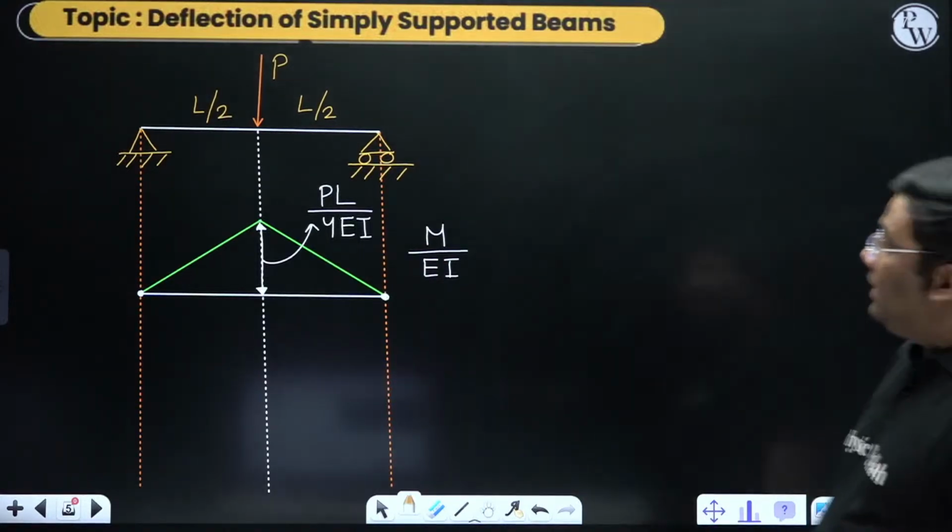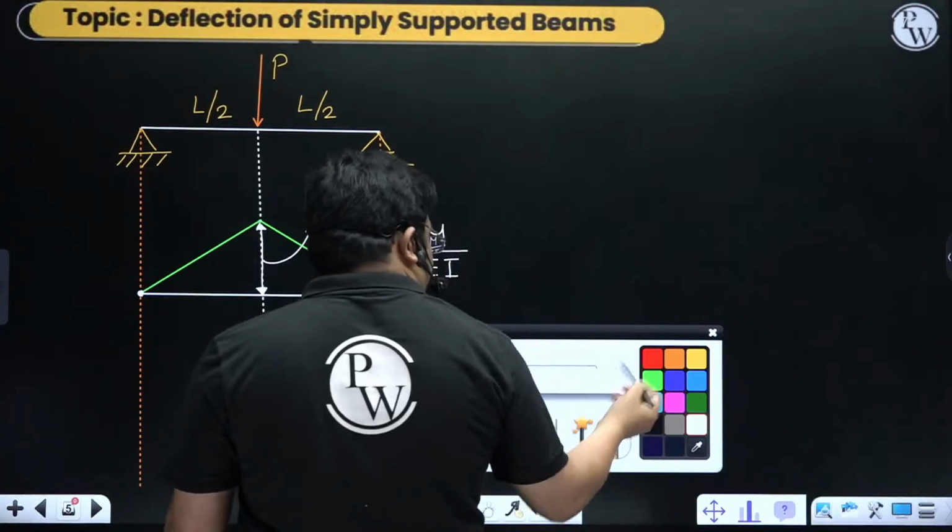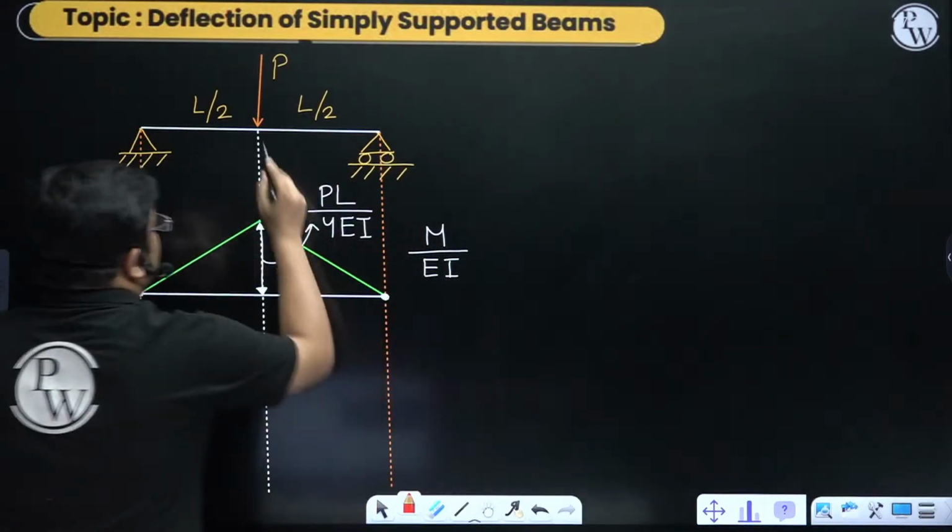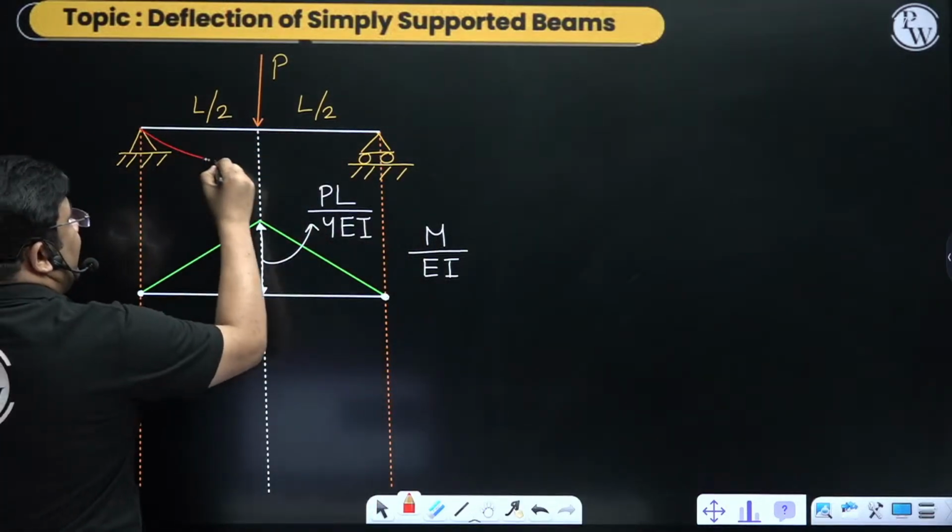Now if you see the deflected shape, due to this load the beam will deflect like this.